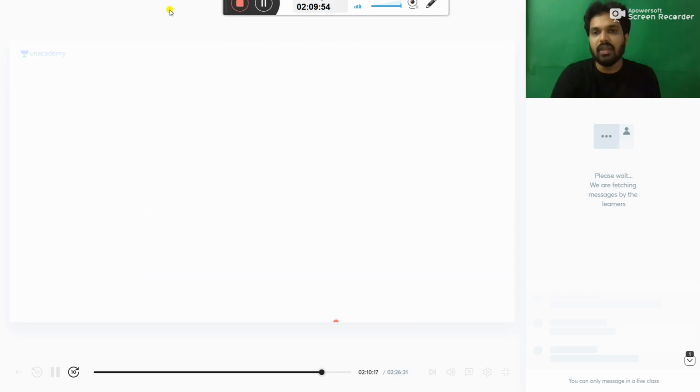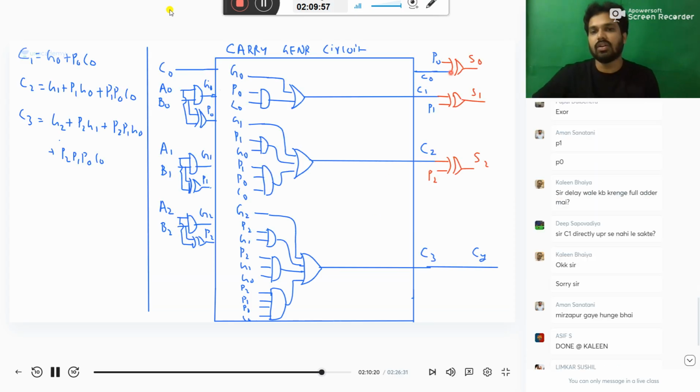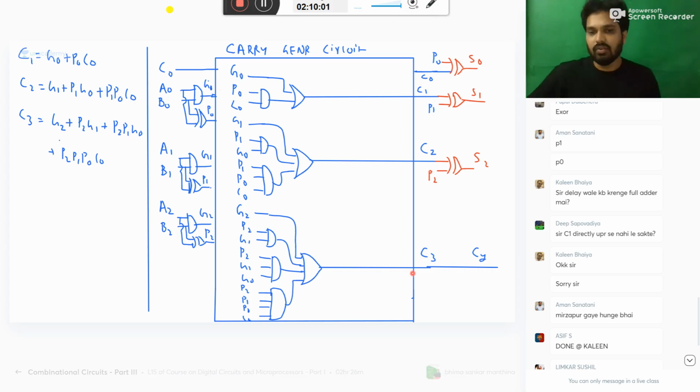I take P0 XOR C0 as S0, P1 XOR C1 as S1, P2 XOR C2 as S2, and finally you get the carry.